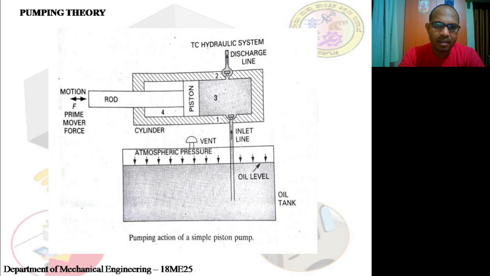Low pressure makes valve 1 open and high pressure makes valve 2 open. So this is how it operates, and this check valve plays a major gateway role in operating the fluid.